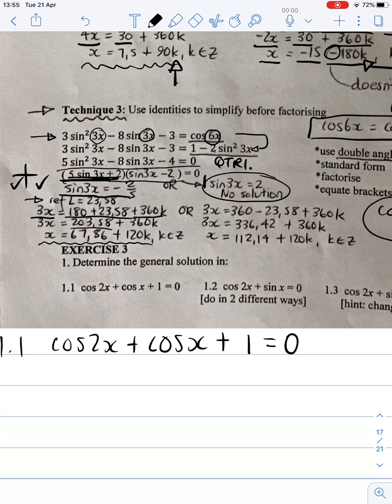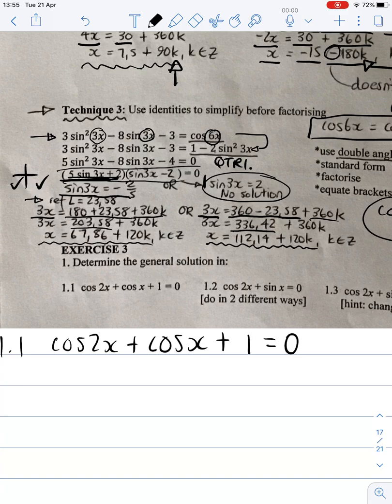So that's taken care of the third quadrant. The fourth quadrant makes 3x equal to 360 minus 23,58. We're going into the fourth quadrant, plus 360k. Firstly, minus the 23,58, giving us 336,42. Divide by the 3, and there is my general solution for the right-hand side of this bracket.